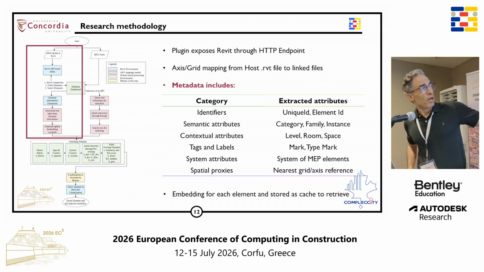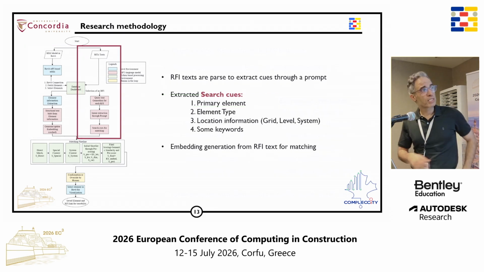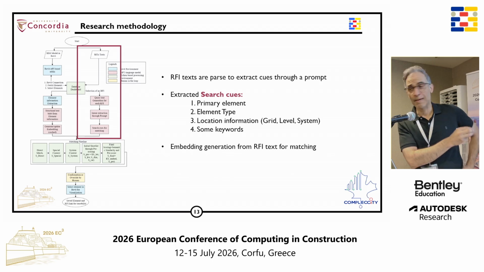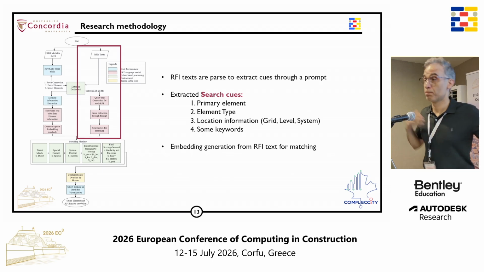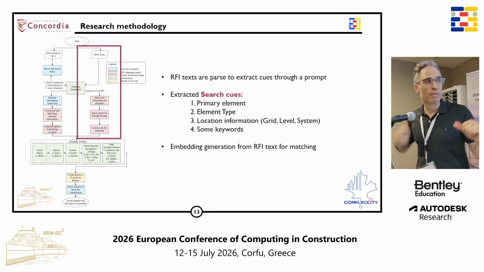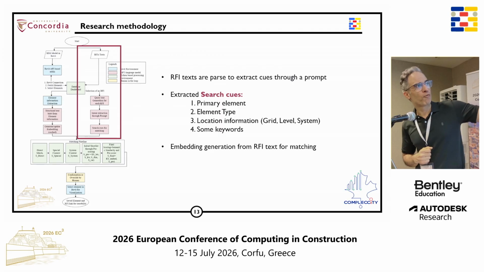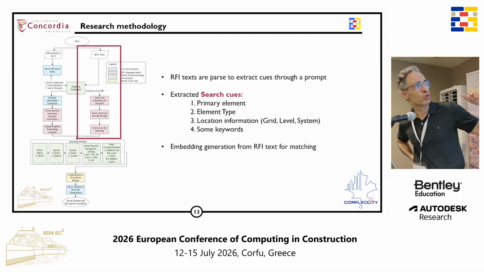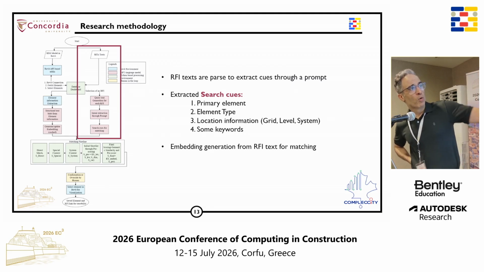Then moving on to how we parse the RFI. We do parse the RFI and again create embeddings for RFIs. We use a prompt. There should be better ways, but we do a specific prompt for these four questions, and it works very well. We didn't have any issues with the prompt, at least for that. What's the primary element?